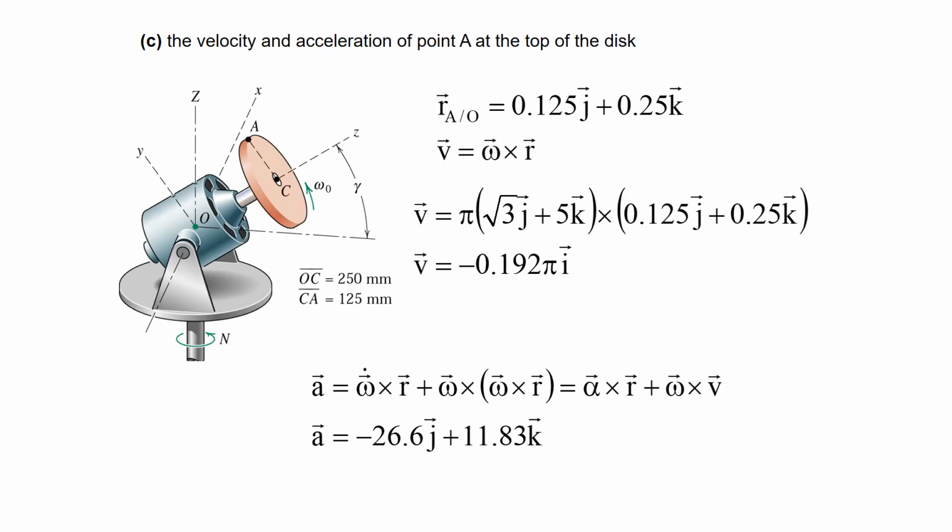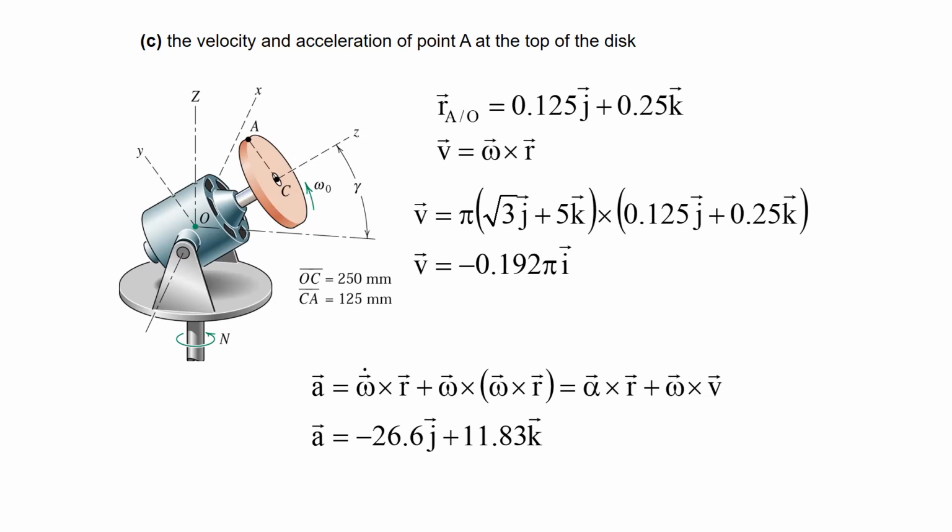So once you put this position vector, 0.125j, 0.25k, the next part is a very familiar formula: V is equal to omega cross R, because this R is measured from the origin. So you will get the absolute velocity.